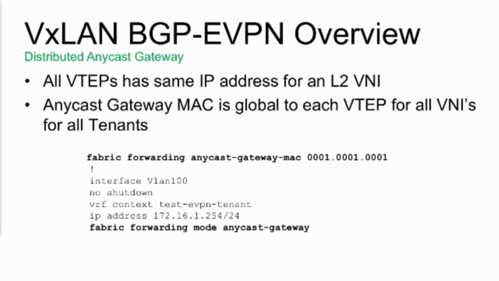This helps maintain east-west traffic in a seamless manner. If you want to verify the reachability of a particular host, or if a host is not working, instead of unconfiguring the interface and configuring an IP address to see if the host is working, you can use this anycast gateway IP to ping the host and see whether it is reachable on the VTEP itself, rather than doing the traditional way of troubleshooting host reachability.